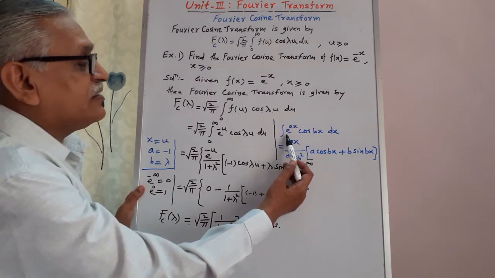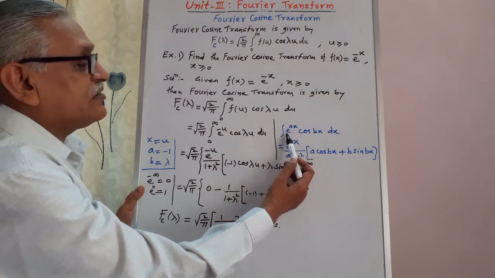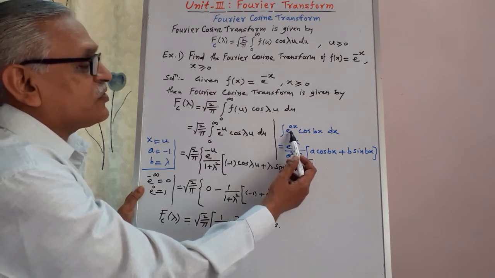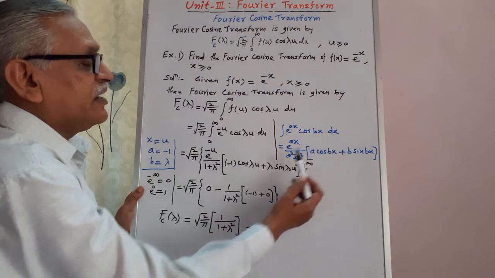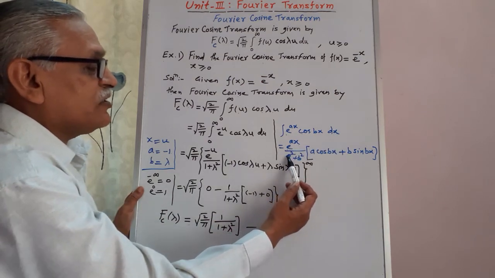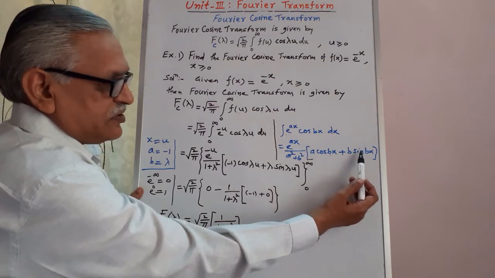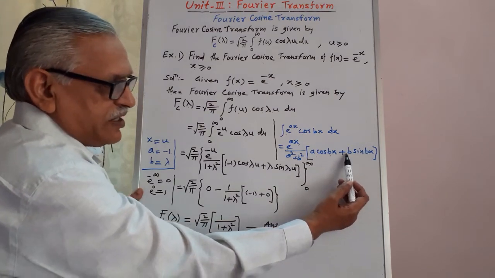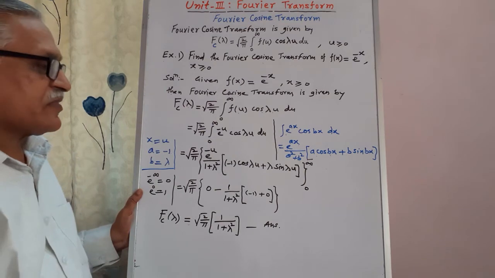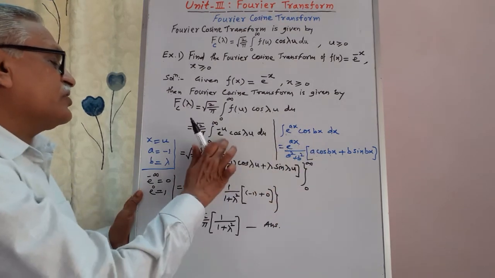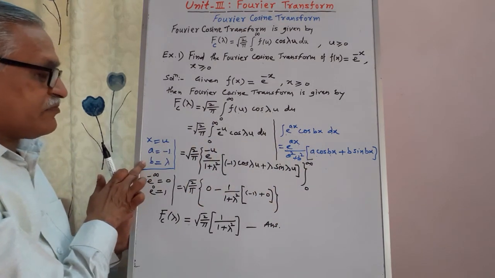We are applying the standard result for the integration of e raised to ax cos bx dx as e raised to ax upon a square plus b square, into a cos bx, first term is cos, second term with sine, middle term with plus sign. Comparing these two results, we get the values of a and b.